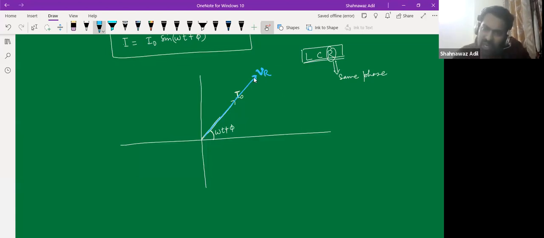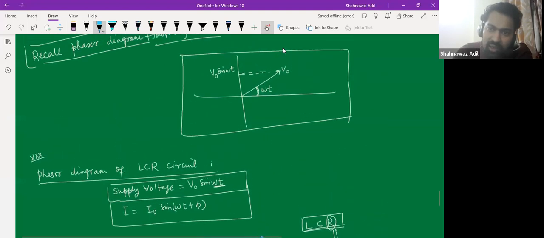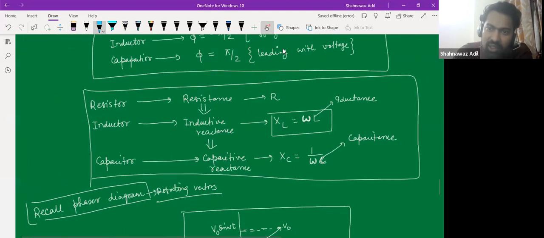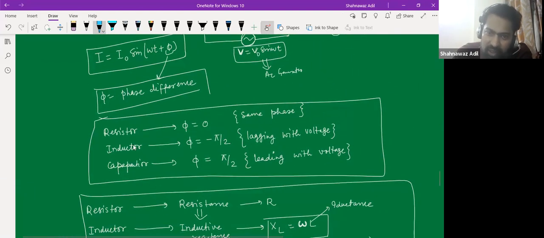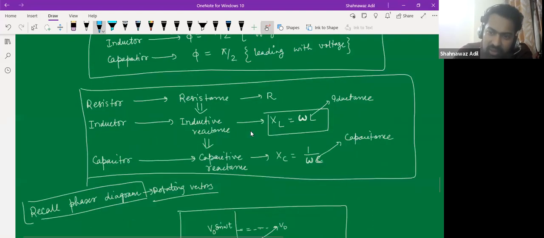So this is VR. What is lagging and what is leading in what circuit? You see that in an inductive circuit, current is lagging by pi by 2, which means that voltage is ahead of current, right?